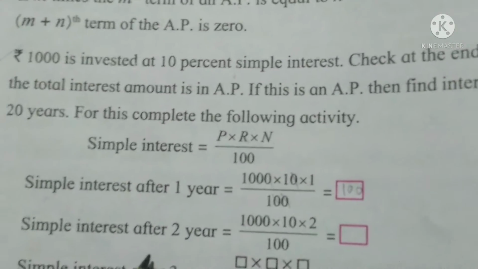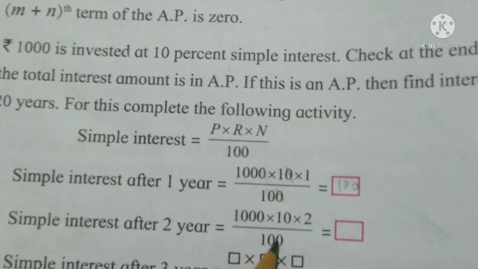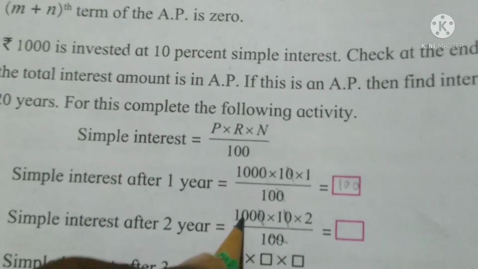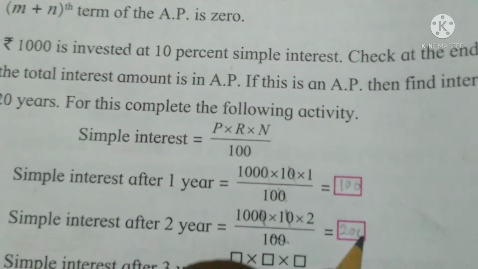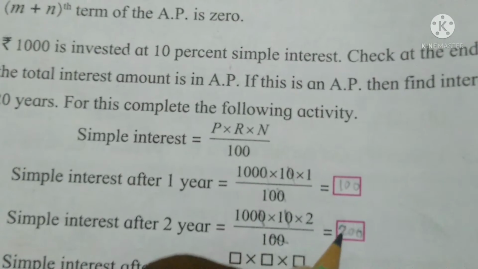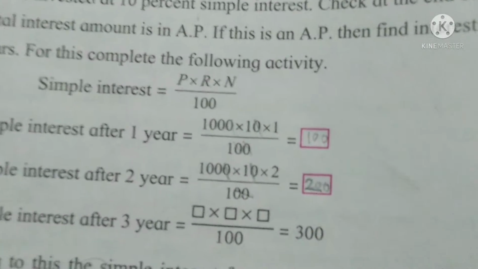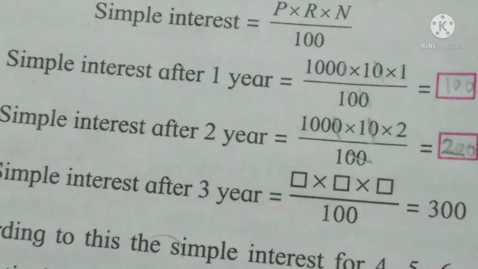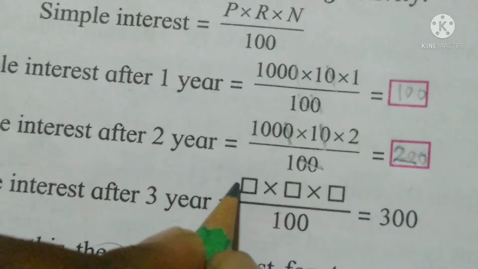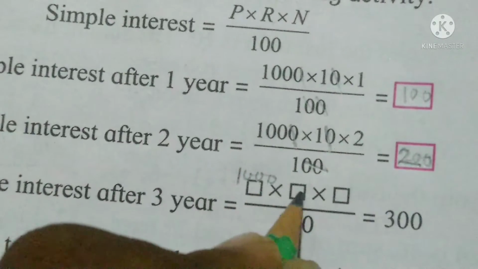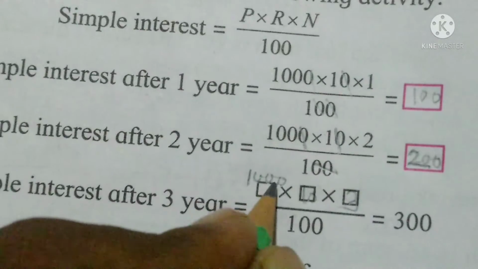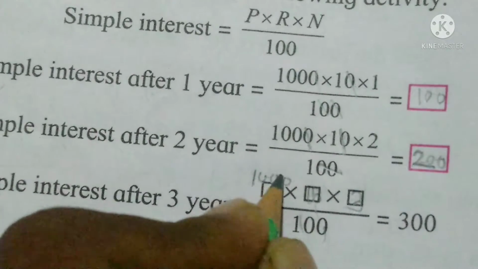For the second year, 100 into 2 is 200. For 3 years, 1000 into 10 into 3 upon 100, 100 into 3 is 300.